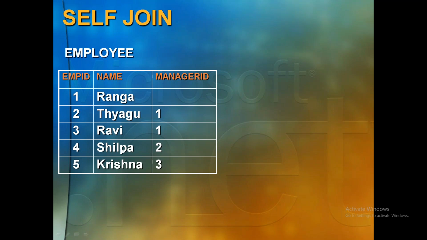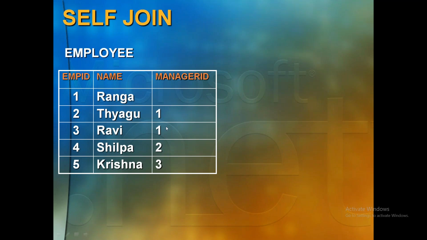The fourth guy is reporting to the second guy, and this guy is reporting to this. Clear? This is the primary key and this is the foreign key. The foreign key is linking to the same table, right? So this is a self-referential table.